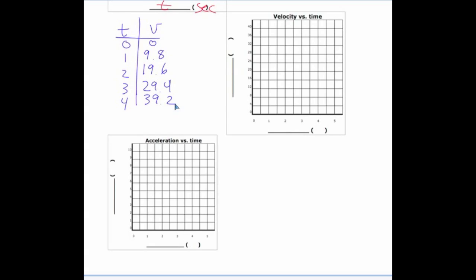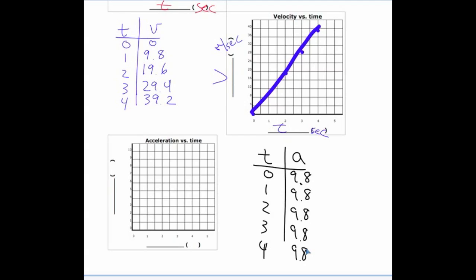Let's graph the velocity versus time data. Velocity is in meters per second, and time is in seconds. Connecting these points, we can see that as time goes forward, the velocity is increasing at a constant rate.